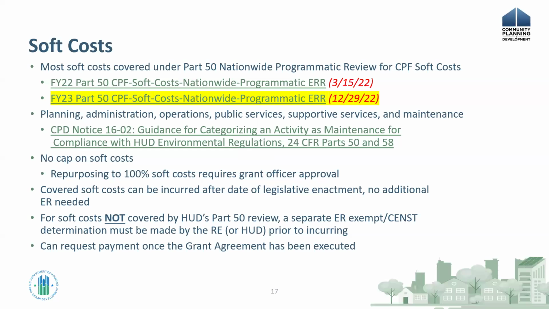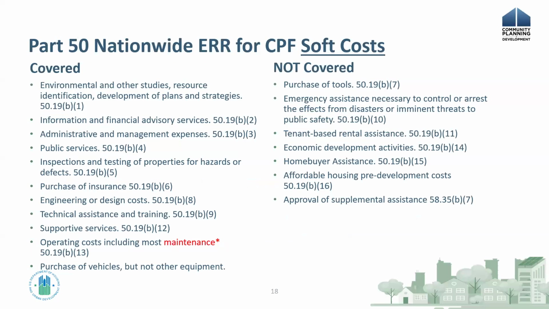And we'll talk more about those soft costs that are not covered on the next slide. So this slide provides a breakdown of the types of costs that are and are not covered by HUD's Part 50 review for the CPF costs. It also provides their corresponding regulatory citation as well.